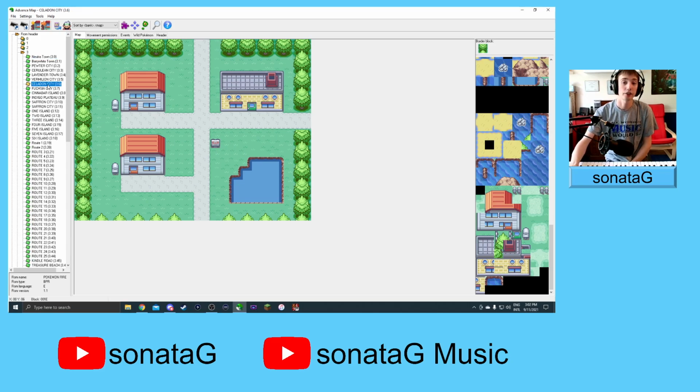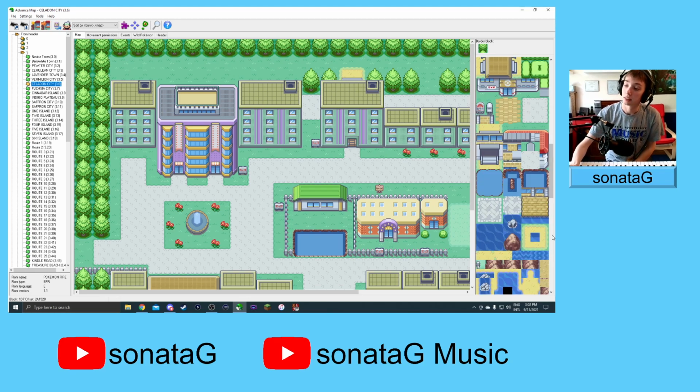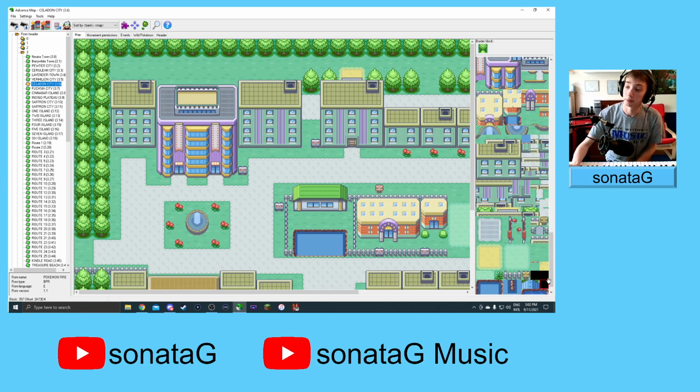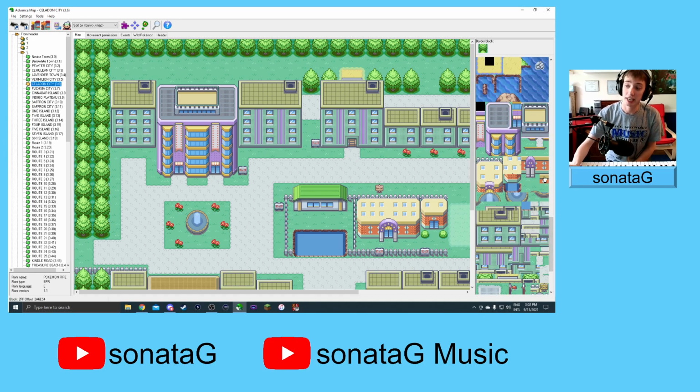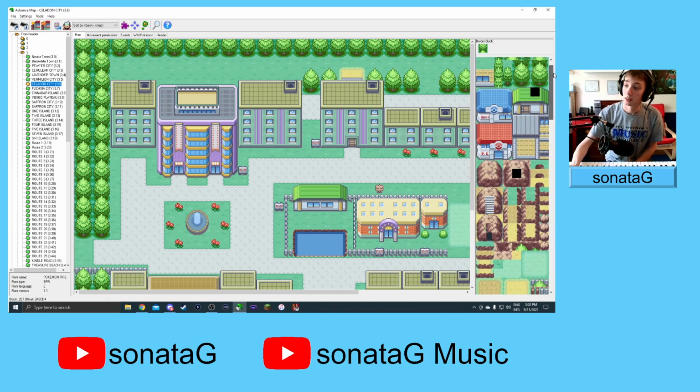Then if I come over to Celadon City, come all the way down to the bottom, these ones on the bottom are different yet again, specific to Celadon City. But these basic ones are still here.